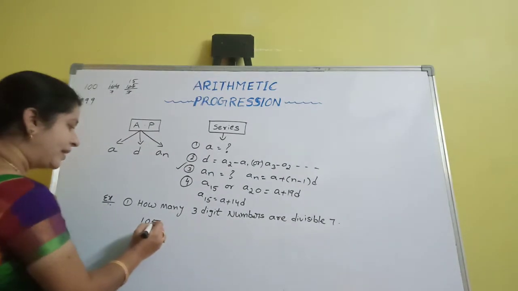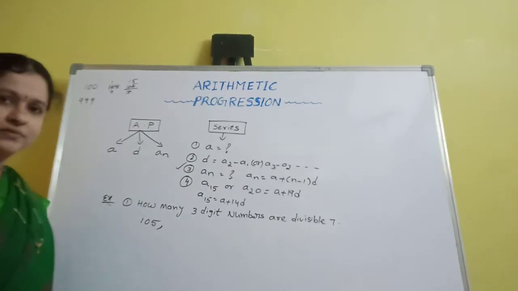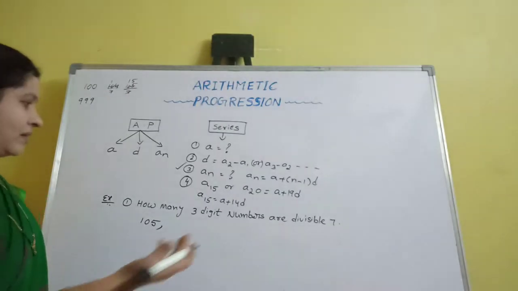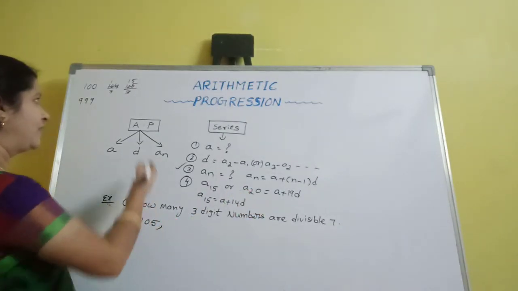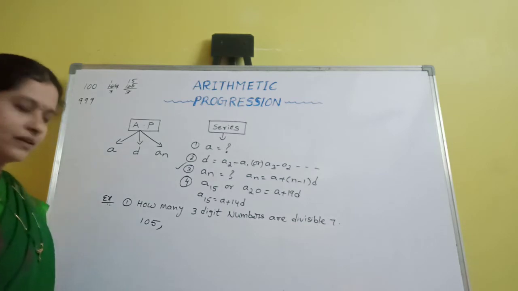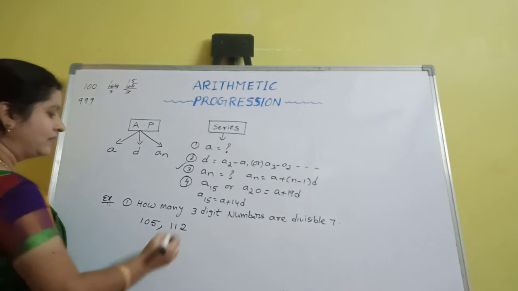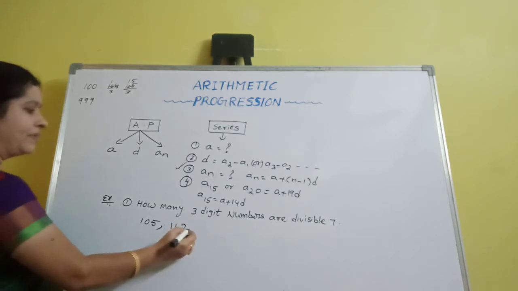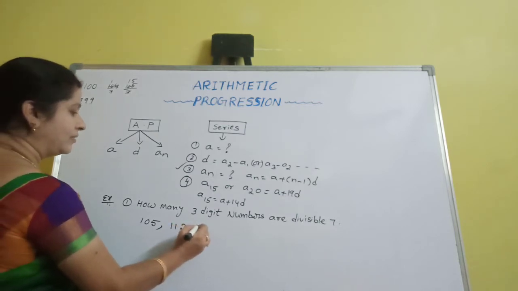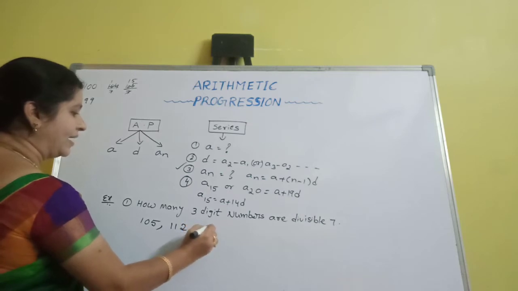So let us take the first term as 105. What is the second term? Next divisible number: add 7 to 105, it is 112. So 112 is the second number. Again add 7 to 112, it is 119.